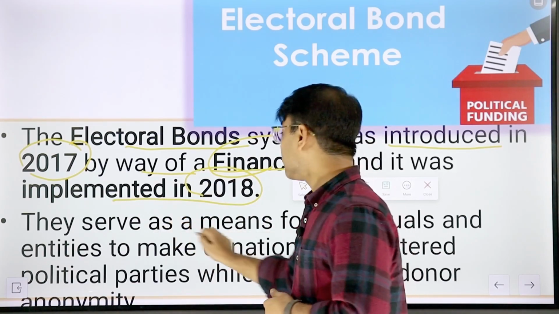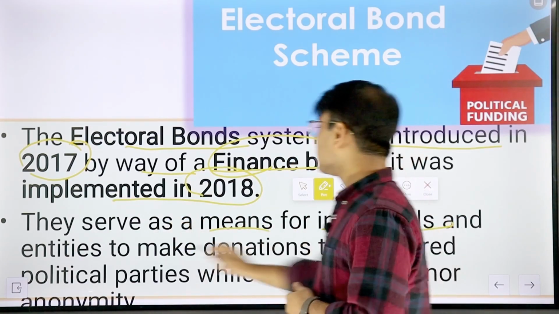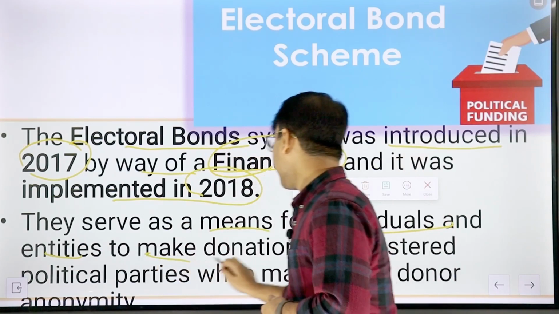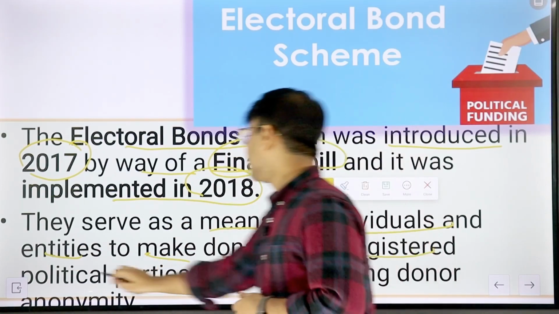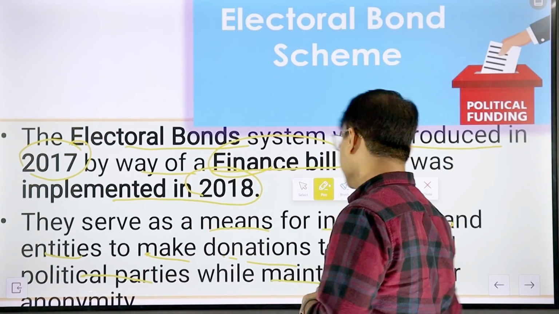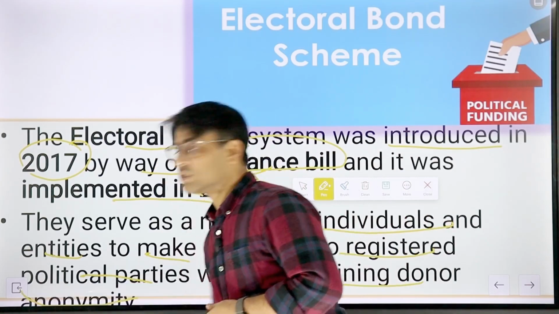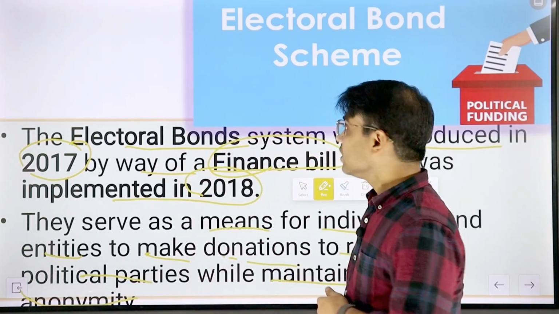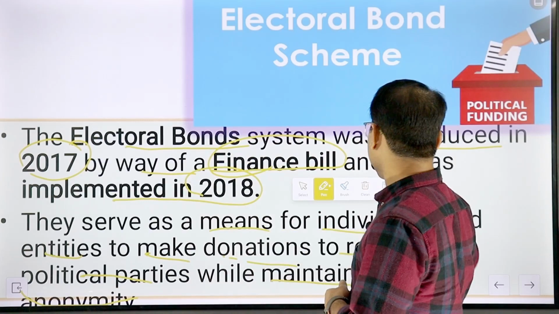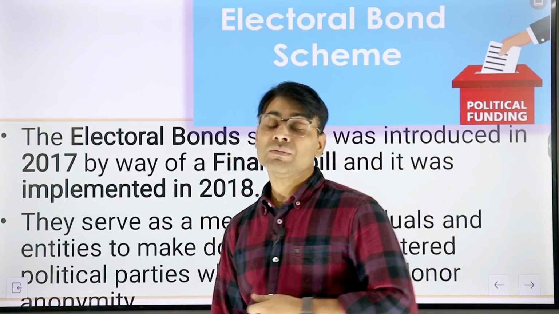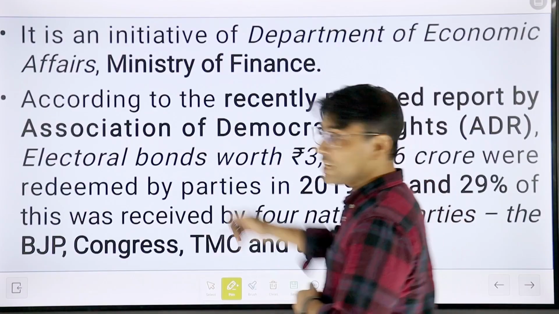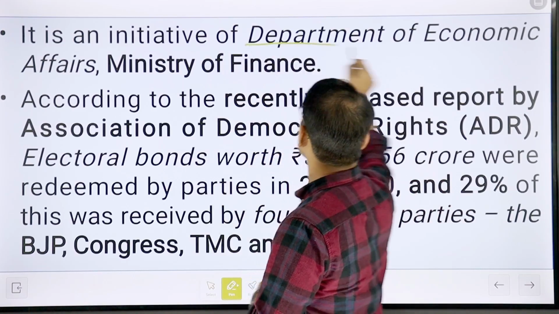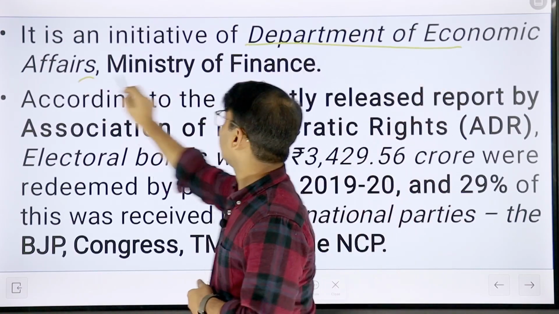Basically, it served as a means for individual entities to make donations to registered political parties while maintaining donor anonymity. That is one of the important features of the electoral bond system in India. It maintained the anonymity of the donor. Actually, it was the initiative of the Department of Economic Affairs, Ministry of Finance.